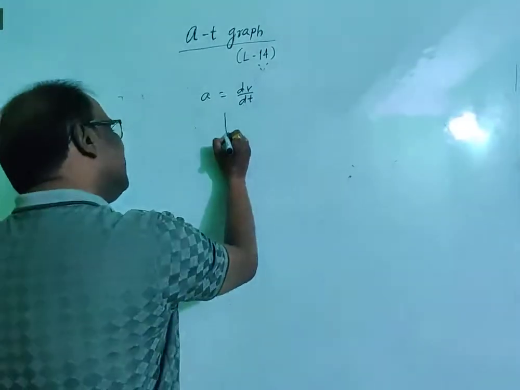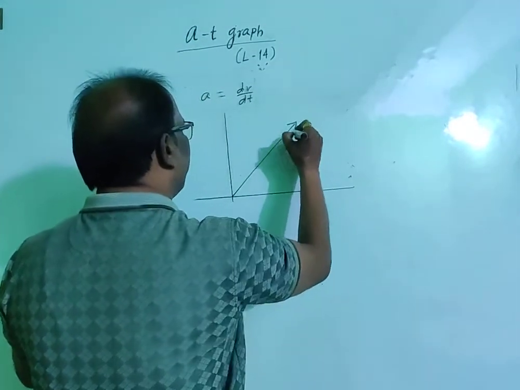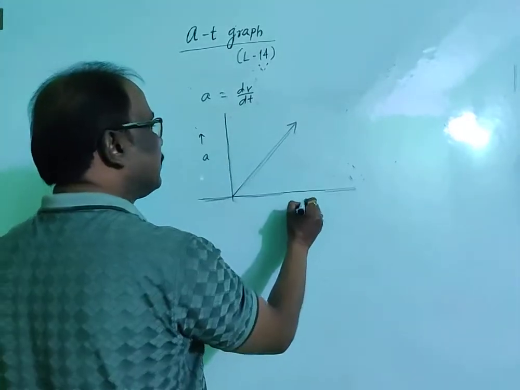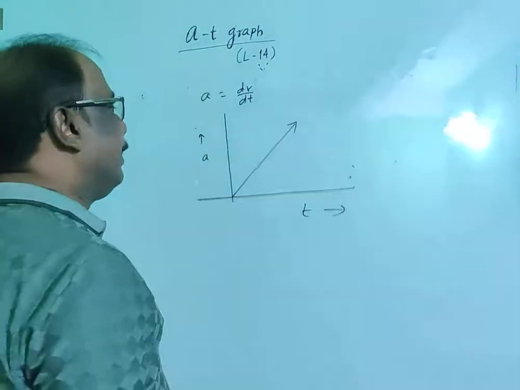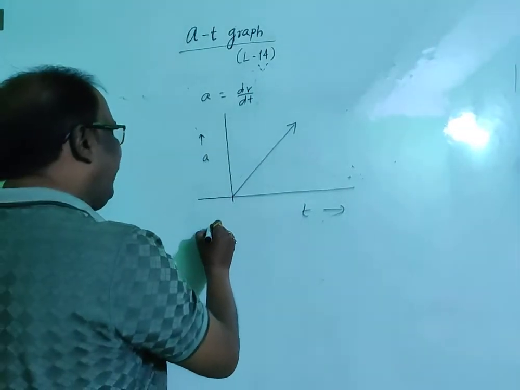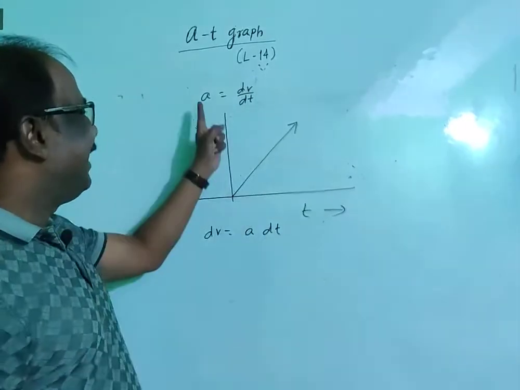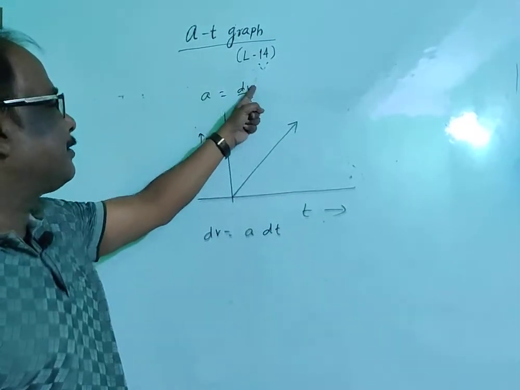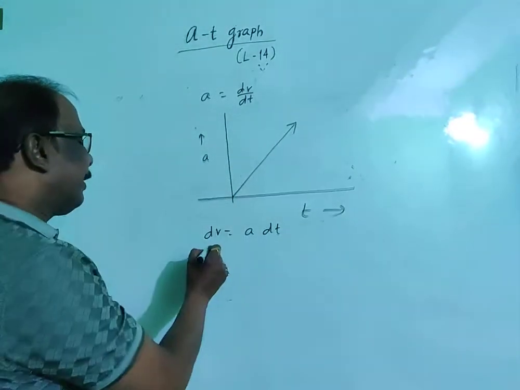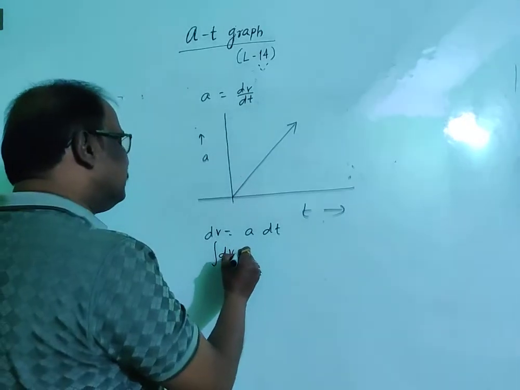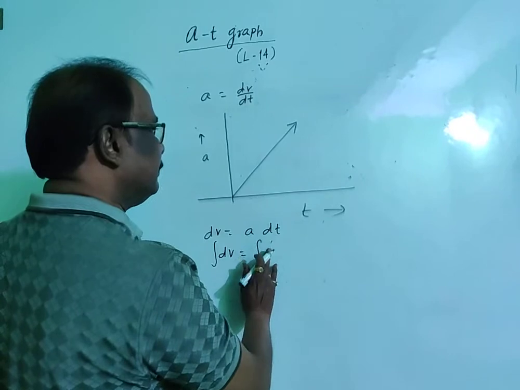So suppose we use this acceleration-time graph. Then dV is equal to A into dt. Instantaneous acceleration is equal to dV by dt, and dV is equal to A dt. Now integrate both sides: dV on one side, and on this side, A into dt.